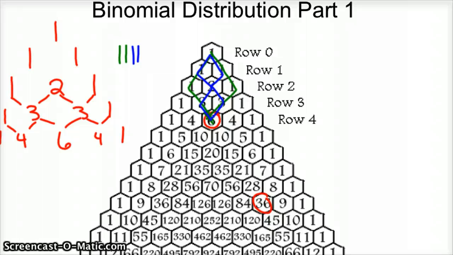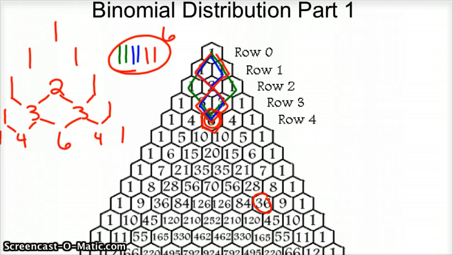So there's 2 more ways he could get there. And these 2 are a little less obvious. But he could go right, left, left, right. Okay. Or he could go left, right, right, left. And so there's 2 more paths, totaling 6 ways. So there are 6 ways in which he can get to this cell.